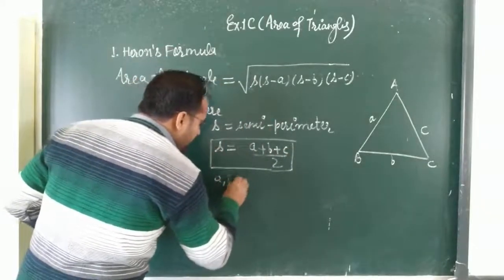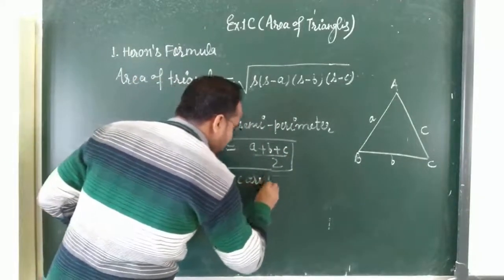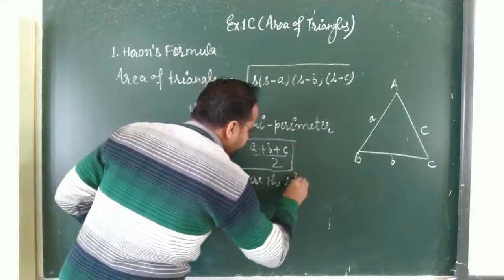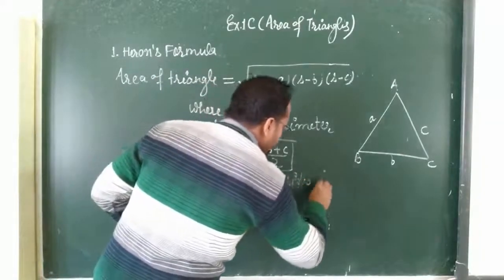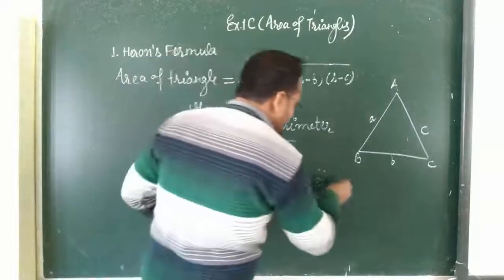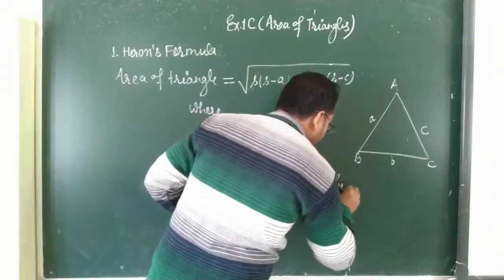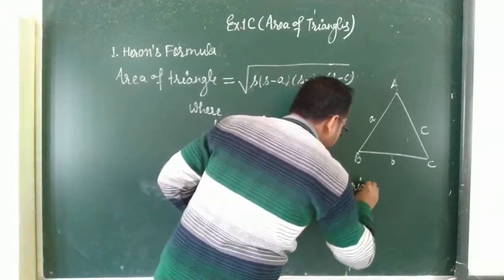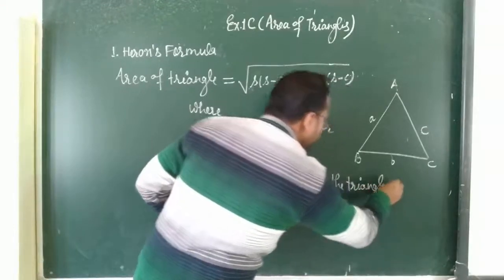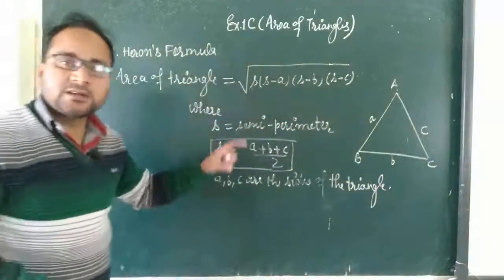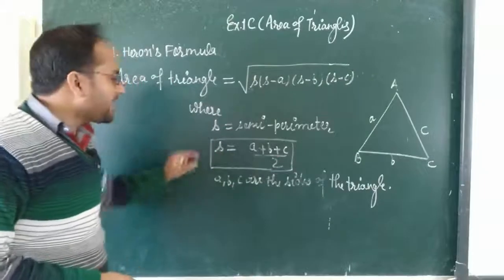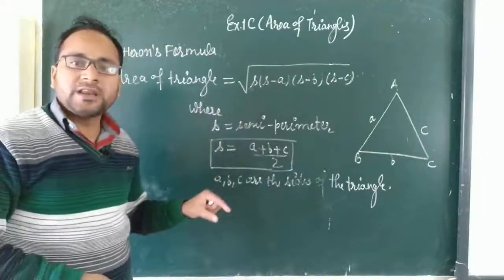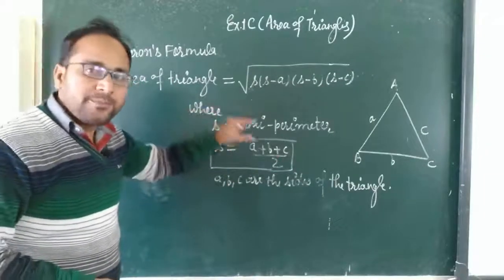Where a, b and c are the corresponding sides of the triangle and s represents the semi perimeter, and it is half of the perimeter.